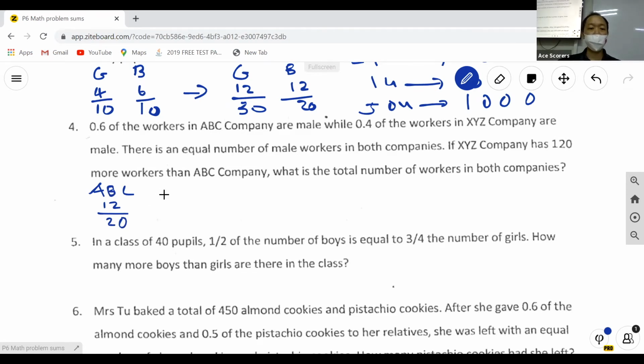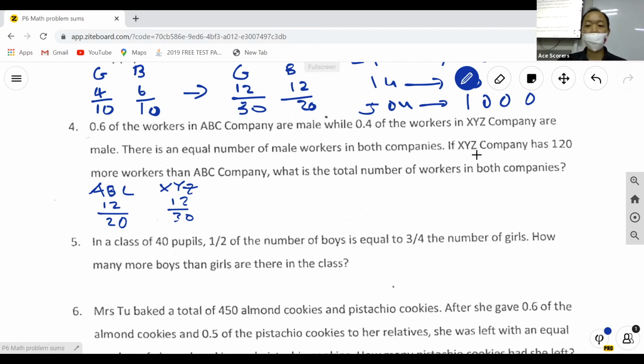Whereas for XYZ, the number of male, 0.4 of the workers in XYZ are male. So 4 times 3, right? So it's 12 over 30. Okay, you should get a ratio like that.